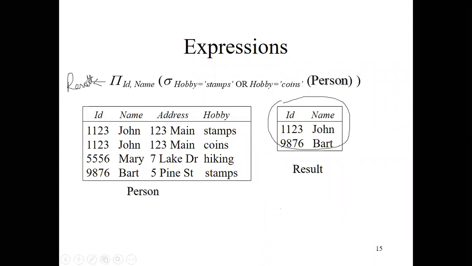Is it clear? When I perform this operation on the person table, I get one output, and I can give that output a name. The name I gave is result. This is now the name of this output relation, and I can use this output relation name for further queries. I'll show you that later.